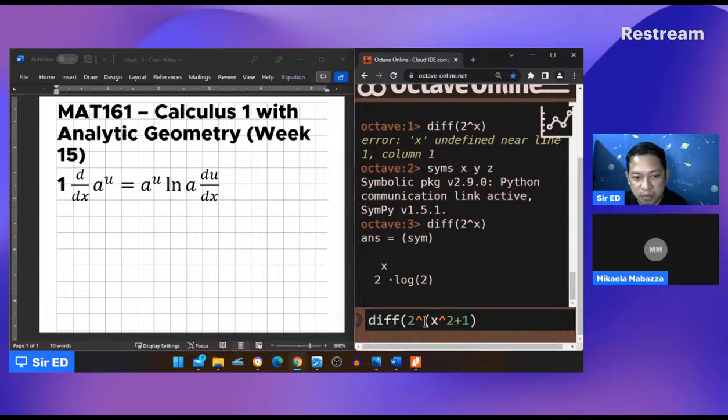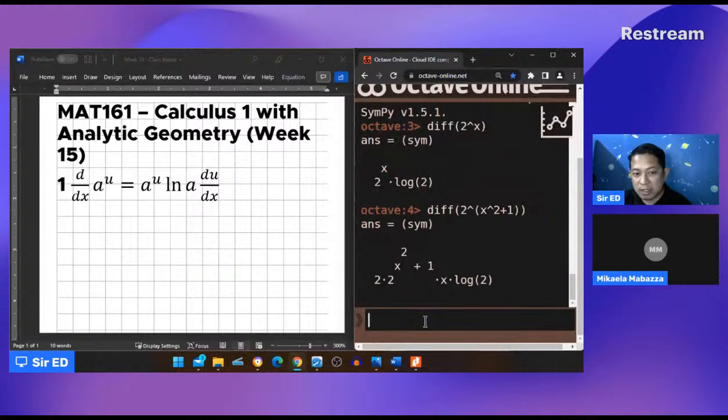That would be your exponent. So 2 raised to x squared plus 1. You will have your du over dx. The du over dx component now is 2x. You can see the 2x here, Octave just rearranges it. But that is your du. Most of the students have problems with du over dx.